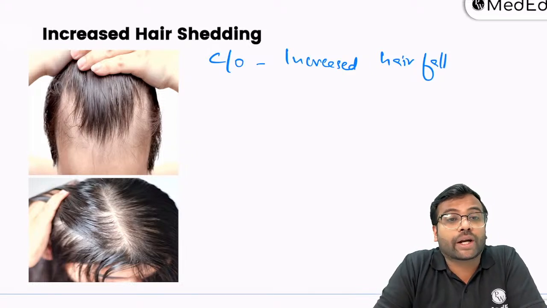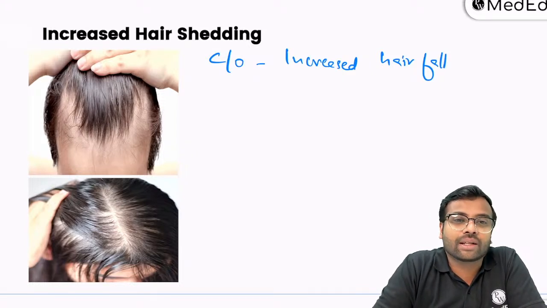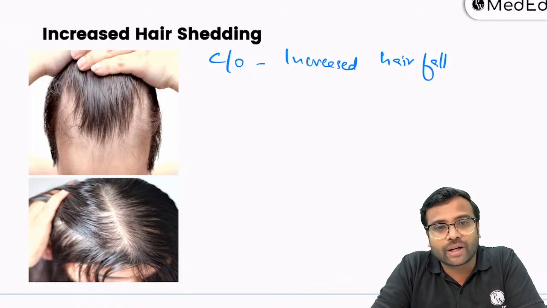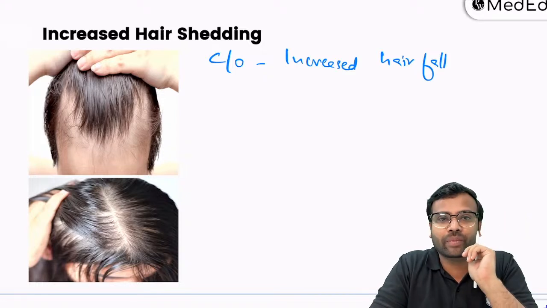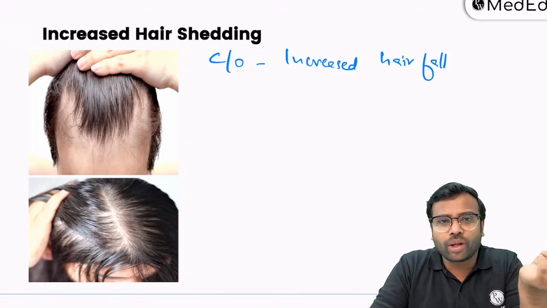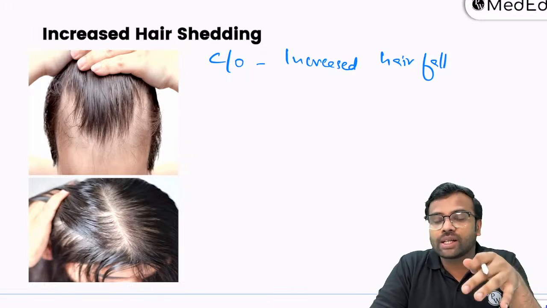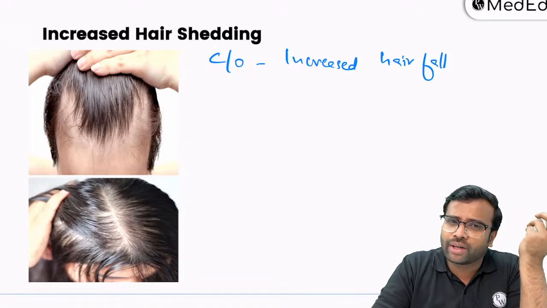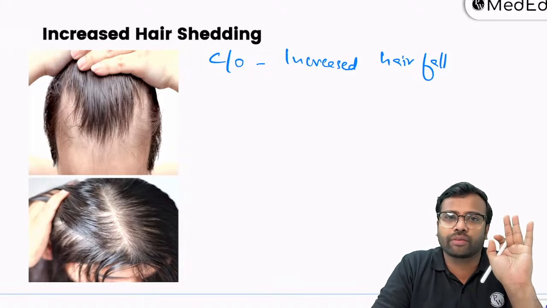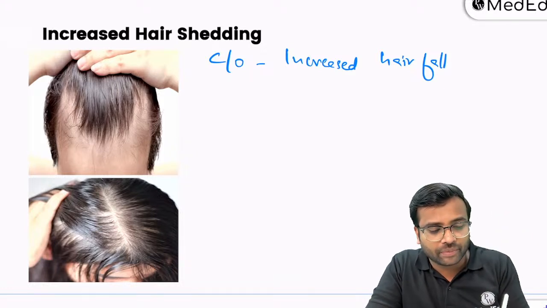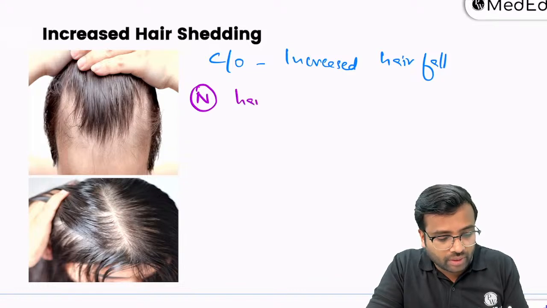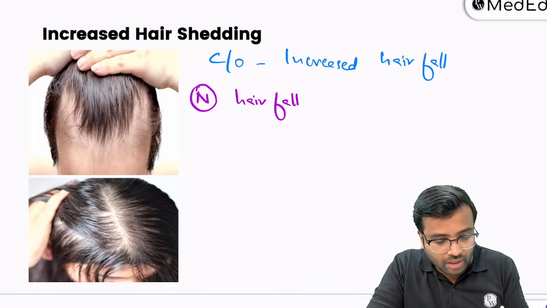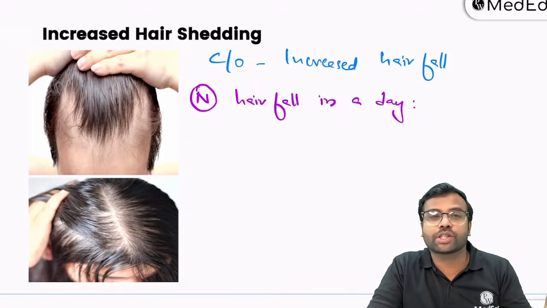By the way, to understand what you mean by an increased hair fall, you should also understand what is a normal hair fall in a day. What do you think? In normal individuals like me and you, isn't it possible to have a hair fall every day? Definitely there is a hair fall every day. So first remember that the normal hair fall in a day, any guess how much is it going to be?